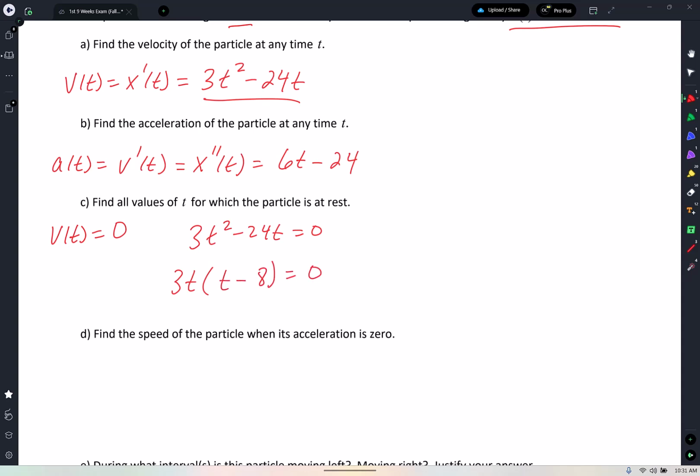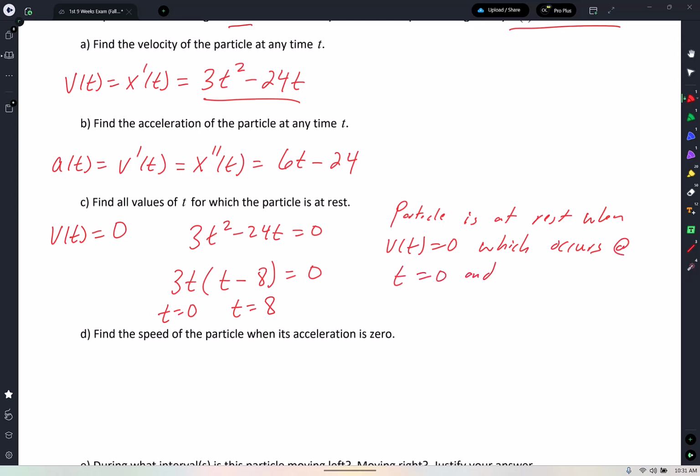And the only time that will equal 0 is if t equals 0 or if t equals 8. And I'm just going to make a little sentence. That's the future of your AP exams. They want you to write a sentence here. And all you got to do is just say particle is at rest when v of t equals 0, which occurs at t equals 0 and t equals 8. Done.